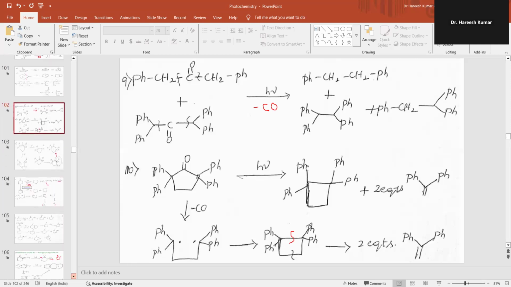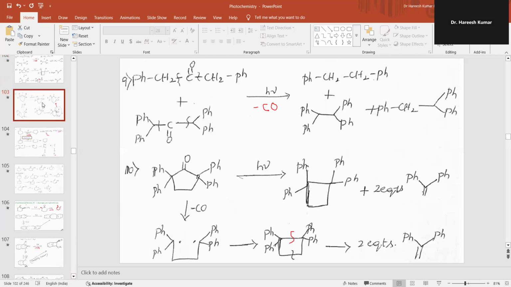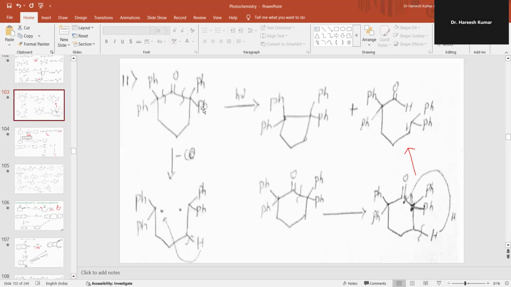In the next slide, I am taking a few more examples. So look here, this is again a cyclohexanone derivative. On irradiation, alpha cleavage, meaning alpha cleavage of the carbonyl. Cleavage here. That means one radical on this carbon, another radical on this carbon, giving rise to a 5-membered hydrocarbon product.